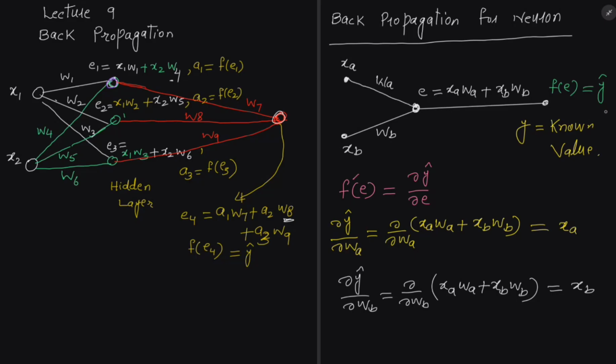How do we find out whether the y hat that we obtained is a reasonable solution? We need to take the difference of these two, which is called an error.